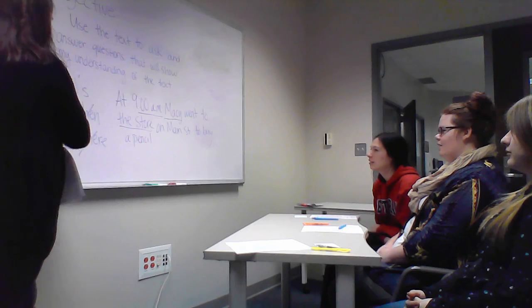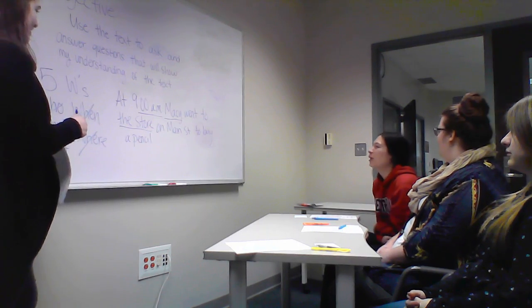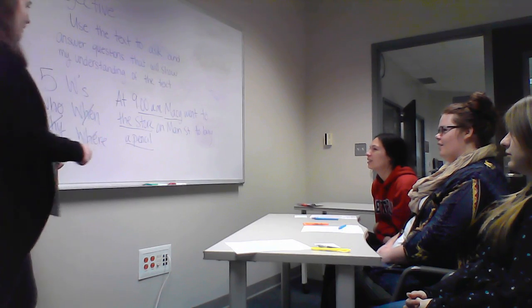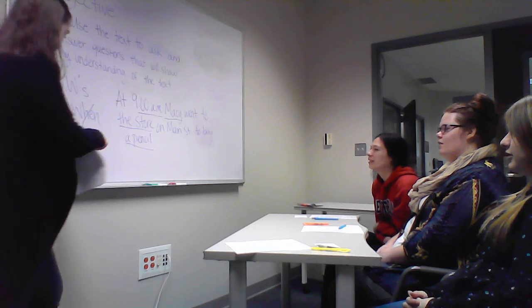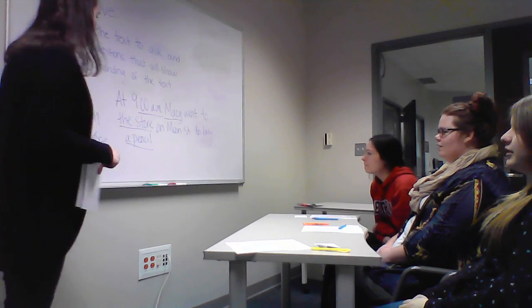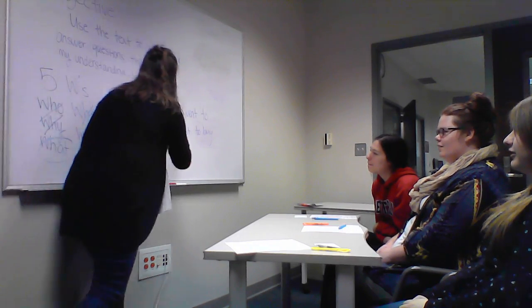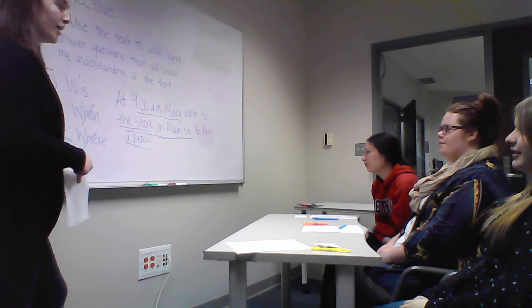And why? Why did she go to the store? Izzy? To buy a pencil. Perfect. To buy a pencil. And what is she doing? Going, yes. Why isn't Main Street a where? That's a good point. That's all the where. The store on Main Street.